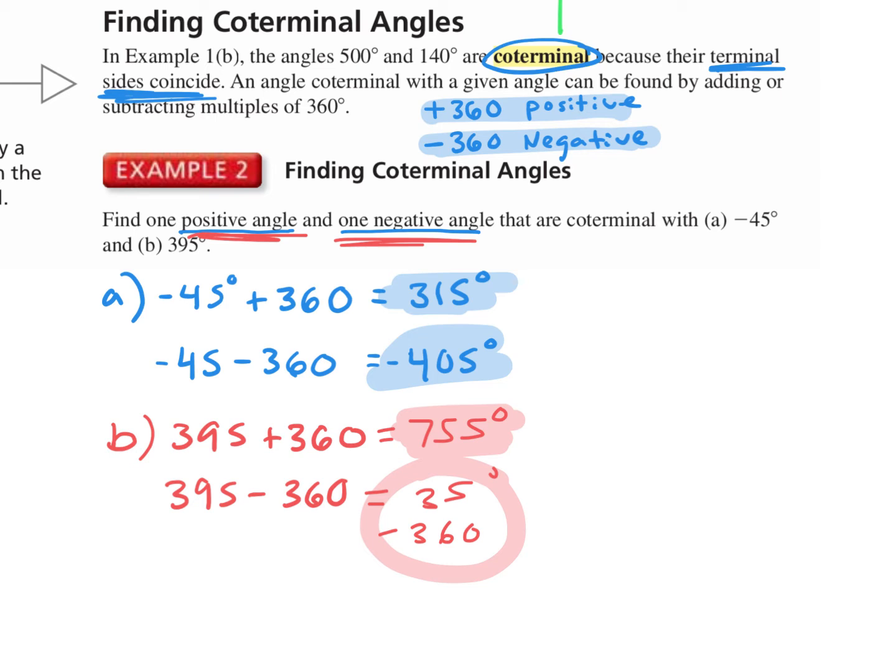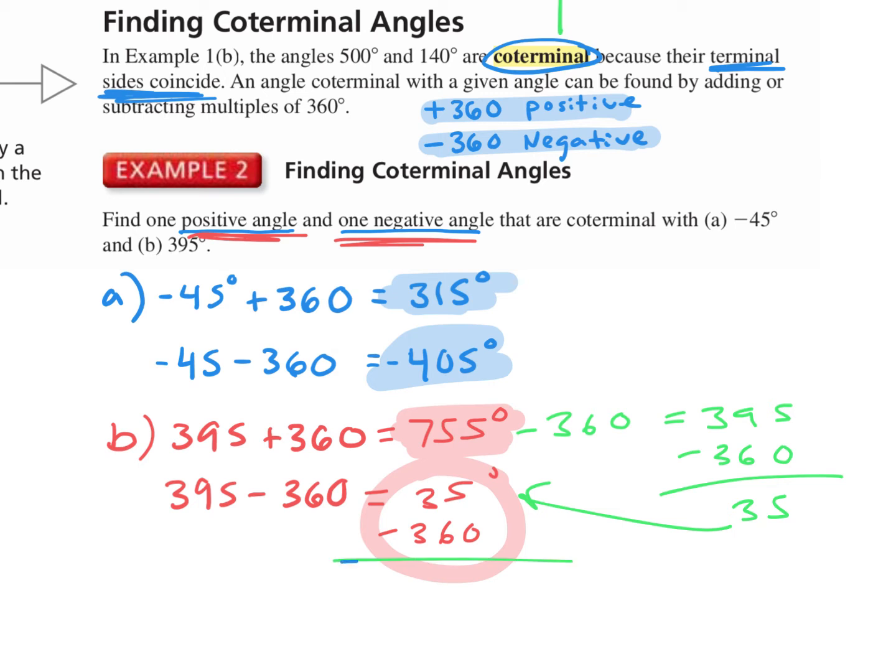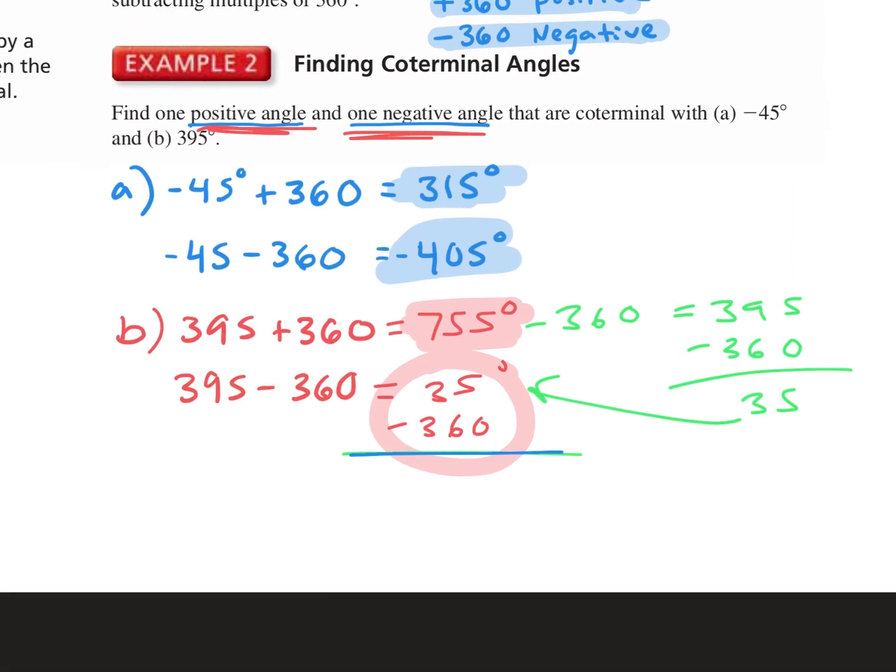Because let's say we took 755 subtracted 360. This would give us 395. And then if we subtract 360 again, this would give us 35. So we're still not in the negative. But we do end up with this, which we can just subtract 360 from that. So what's 35 minus 360? Negative 325.